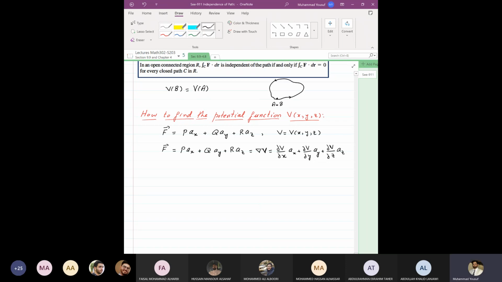If this is true, then we say it is conservative. So what does this imply? P of x, y, z is equal to partial v by partial x, Q is partial v by partial y, and R is equal to partial v by partial z.